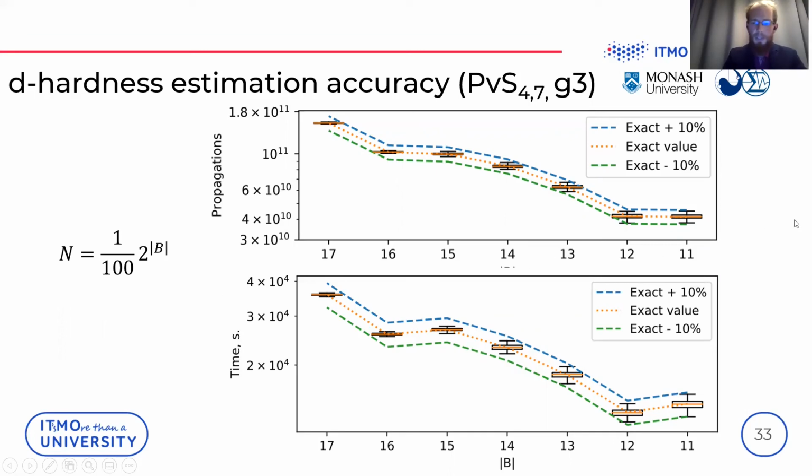And we see that this number actually is quite good and provides quite a good estimation accuracy, plus or minus 10%. And the difference in these plots is that the top one measures hardness in unit propagation number, and the bottom one in time. And we see that they correlate not exactly, but quite substantially.